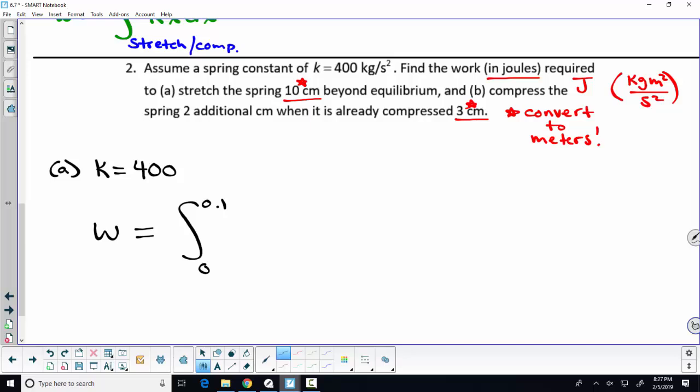And then what's the function we're integrating? Yeah, 400x. The function we're integrating is kx. We're given k. Calculate that. It's the amount of work for that particular spring.